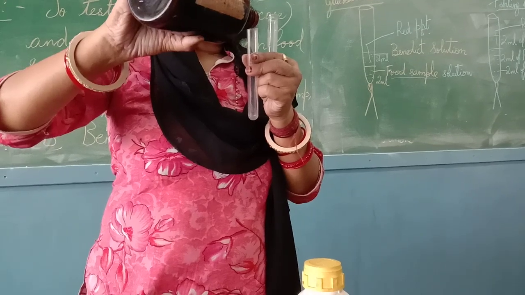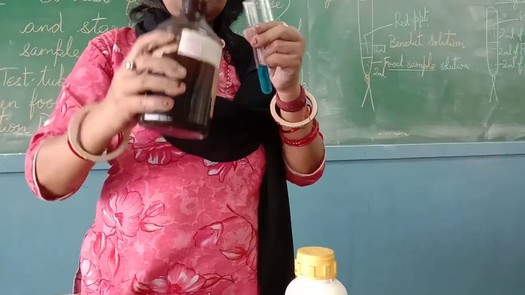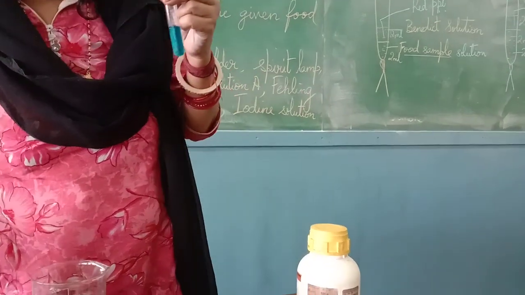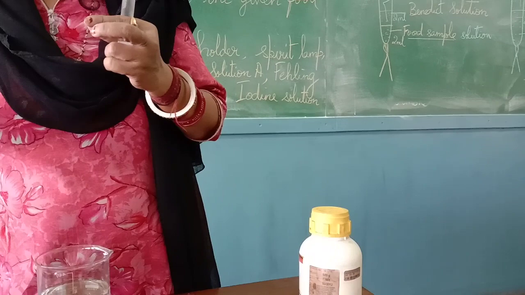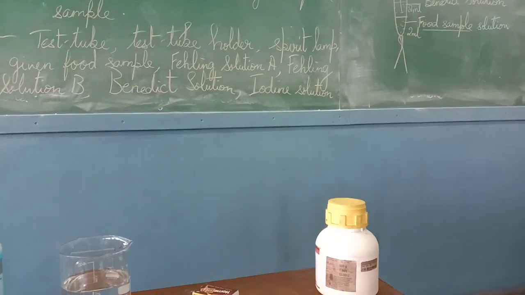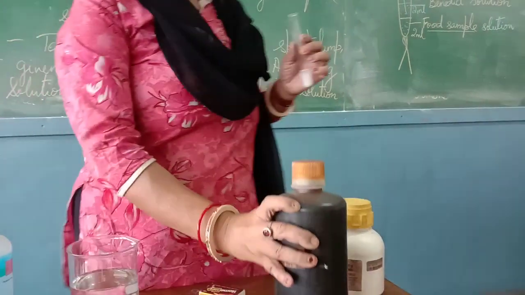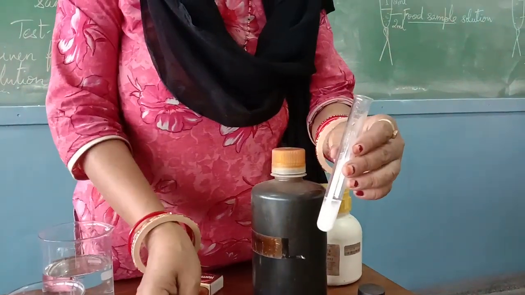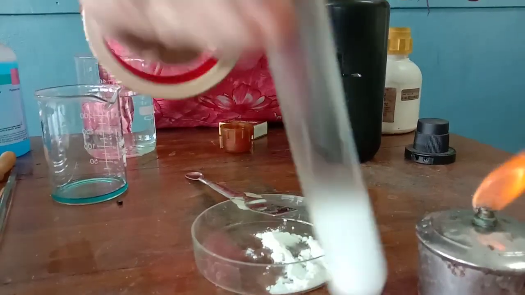Now, I don't know whether the given food sample contains starch or glucose. What I have taken is a powdered form of this food material, and I have made a solution.